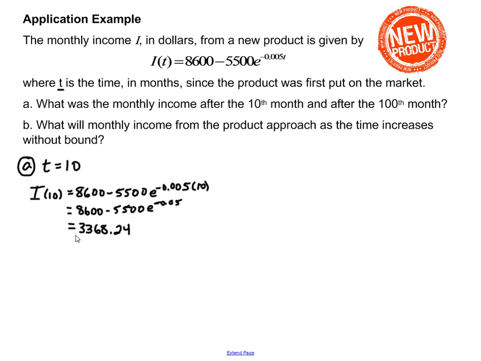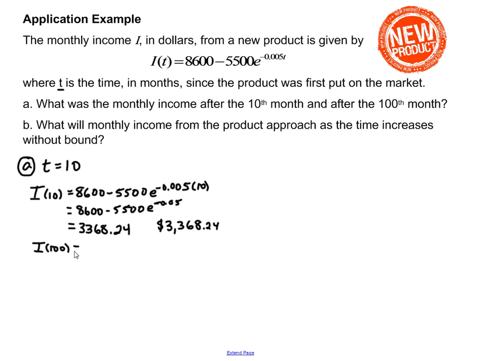So our income we would expect after 10 months might be $3,368.24. All right. Well, what happens after the 100th month? It's a lot of months, 100 months, but let's see what happens after 100 months.